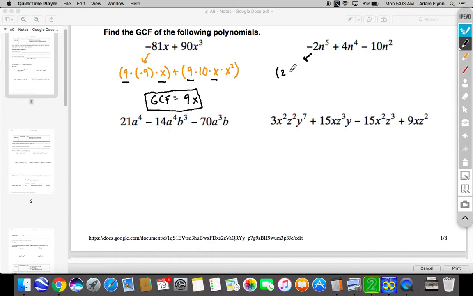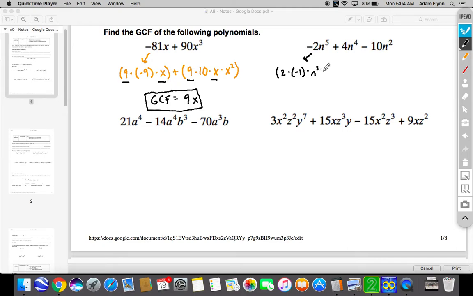So 2 times negative 1 times, and at this point I'm going to break down this n to the 5th based on what my smallest exponent is. So if I take a look, I have n to the 5th, n to the 4th, and n squared. That means all three of these terms have at least 2 n's. Okay, so that means I'll be able to take out 2 n's for my greatest common factor.